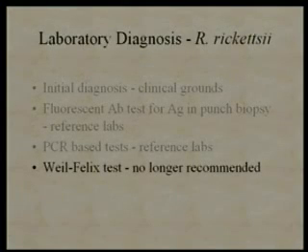And if it did, that was an indirect indication that you might be dealing with Rocky Mountain spotted fever. This test is not recommended anymore because, number one, it's not specific for rickettsia, obviously. If a patient had a Proteus infection, they're also going to develop antibodies against Proteus. And it's not very sensitive either. Not all the patients that get infected with rickettsia actually develop these antibodies. I just included it, as I said, so that you've heard the term and you know what it is if you ever come across it.